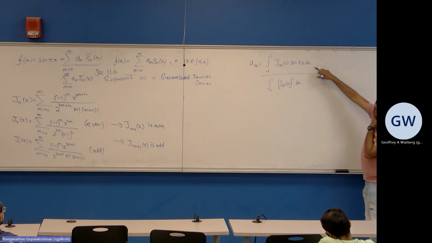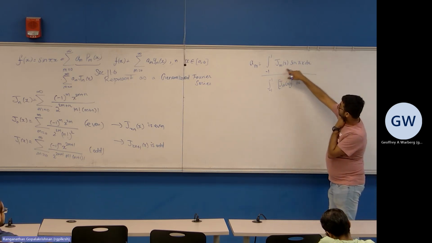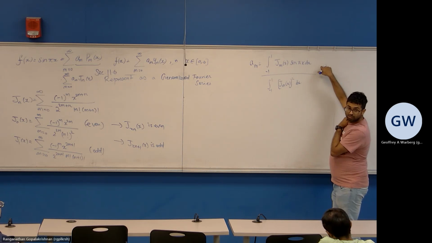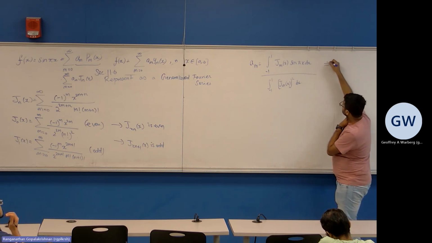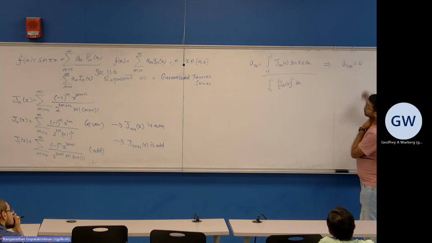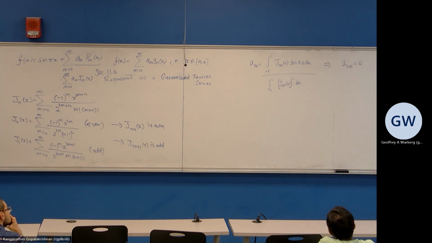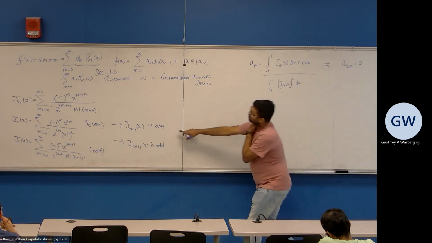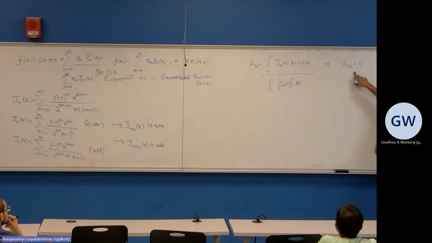So this is odd. If this function is even, this integral is 0. Right? So this implies a_2m is 0. Because all 2m's are even, so this will make this coefficient 0. Okay.